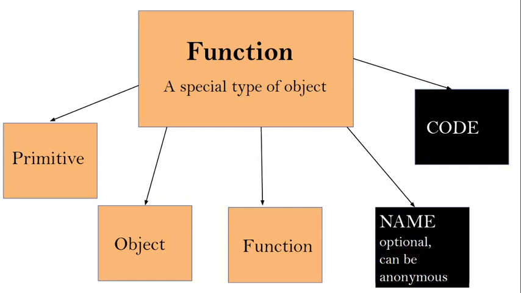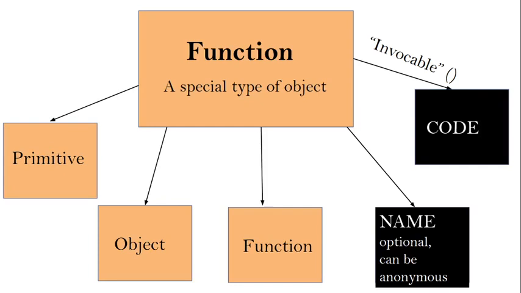What is special about the property is that it is invocable, meaning that you can say run this code, run the code sitting on the property. And that's where the entire execution context creation and execution happens.